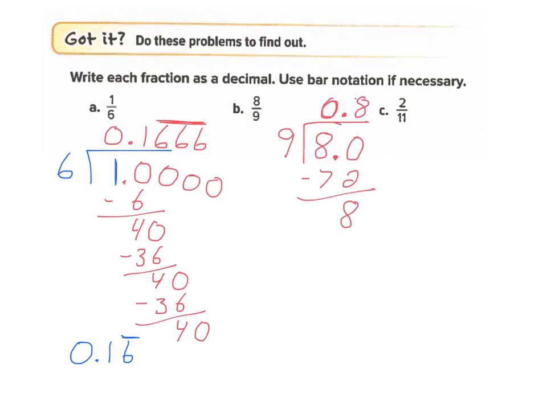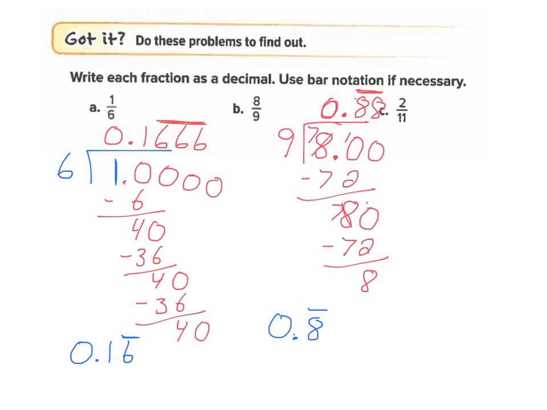Subtract, I get 8, add a 0, bring it down. 9 goes into 80 8 times, which gives me 72. Subtract, and I get 8. You'll notice already I've got a nice pattern of I'm getting 8 left over each time, so it turns into 80. So you can imagine that that 8 is going to continue on and on. So we know that that 8 is repeating. So we call it 0.8 repeating.